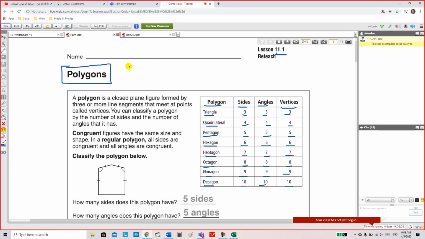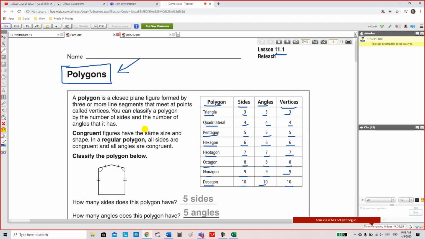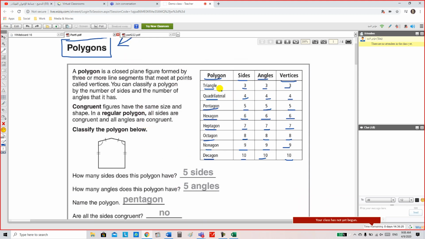The first lesson of our chapter here is polygons. In this lesson, we have some types of polygons. You have to keep it in your mind.